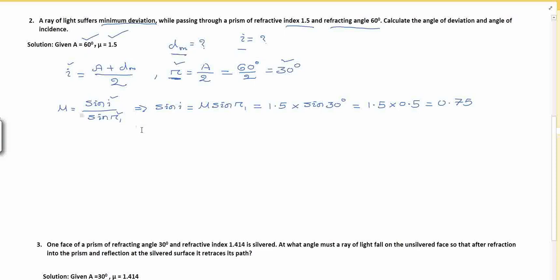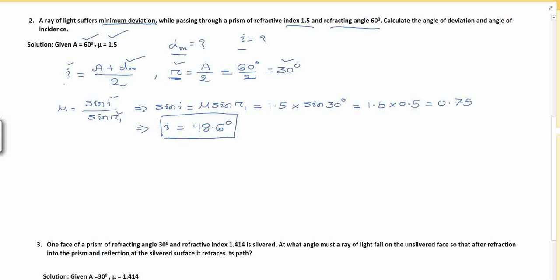From that sine table we will get I is equal to 48.6 degree. This is the value of I. Now we will find the value of angle of minimum deviation.